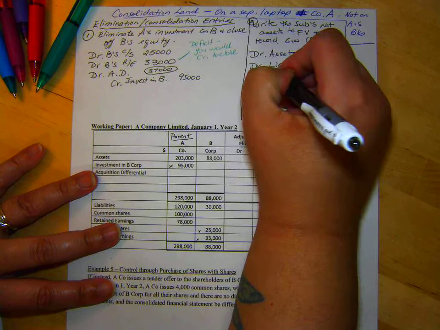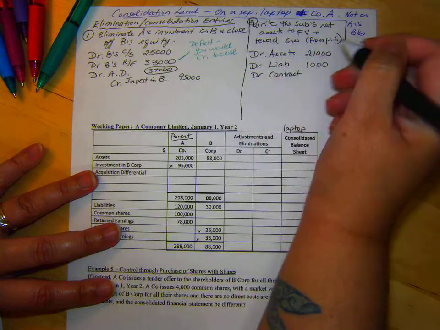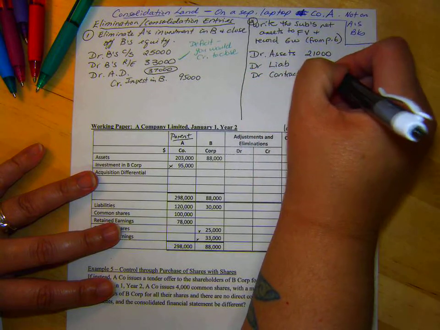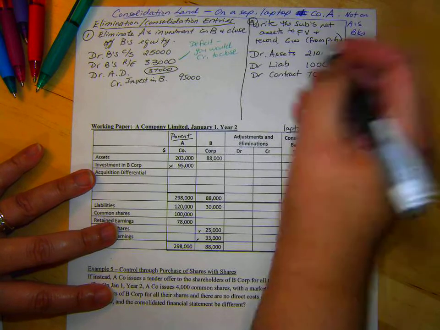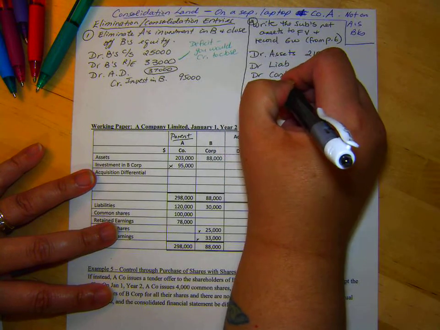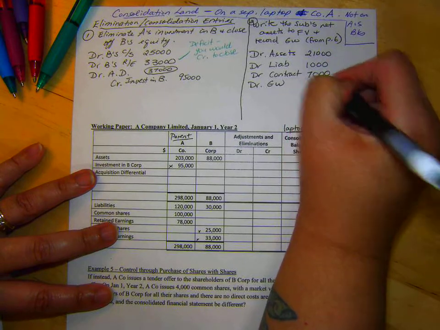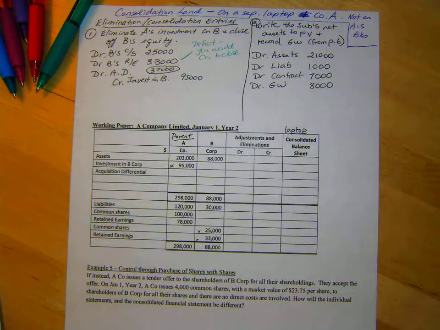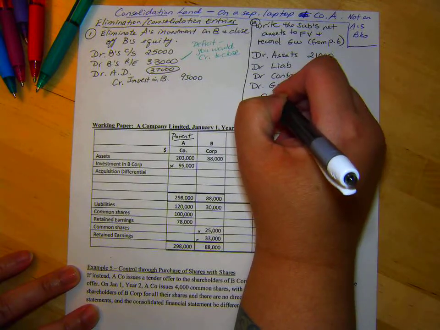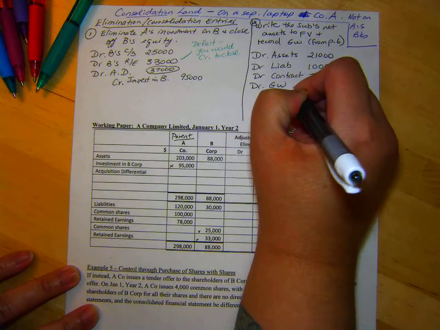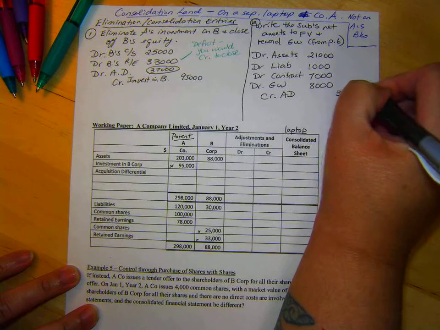Debit contract for 7,000. And debit goodwill. It's all debits here, for 8,000. And what do you guess that all adds up to? It should add up to the acquisition differential, or 37,000. So credit acquisition differential for 37,000.